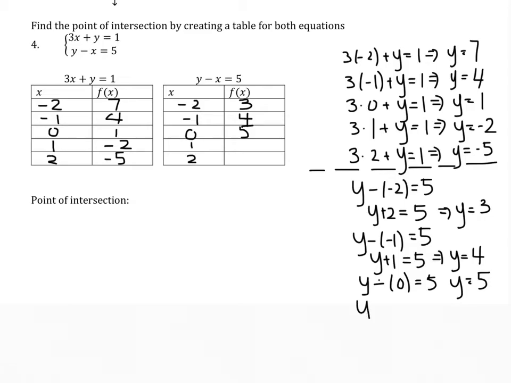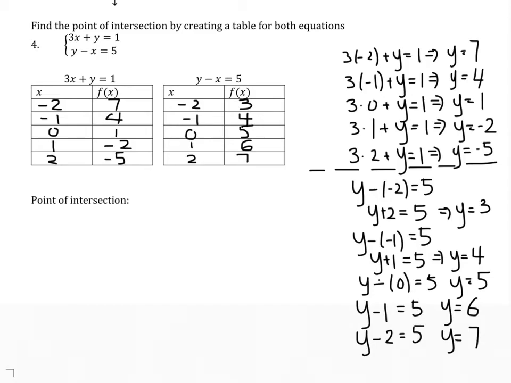Followed by y minus 1 equals 5. So my y is going to be 6. And then next one we have y minus 2 equals 5. So my y is going to be +7.